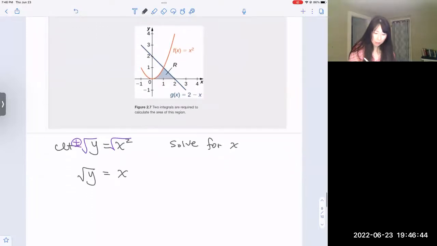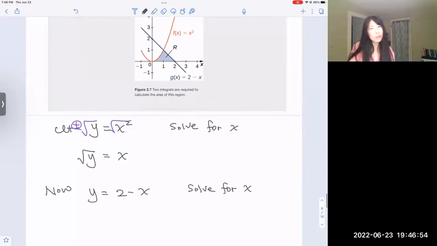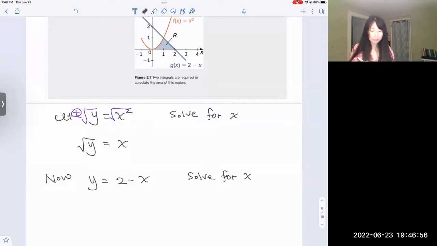Now we have y equal to 2 minus x, solve for x again. So what do we have? Better to just transfer the minus out of x.